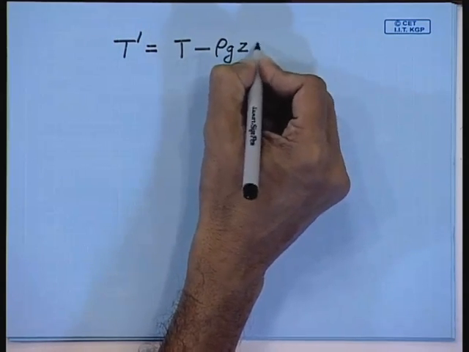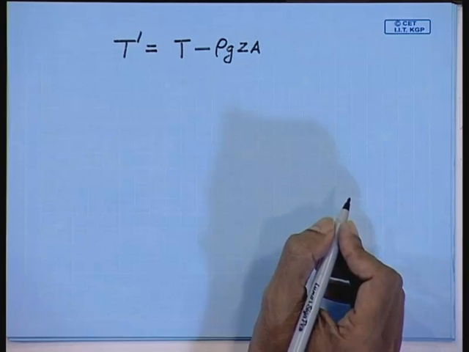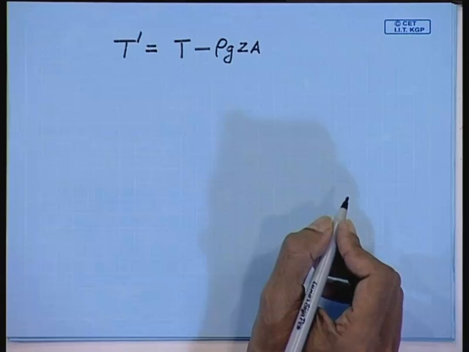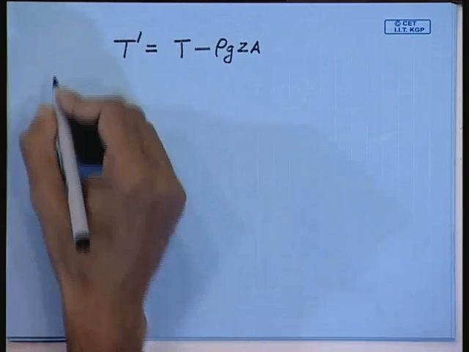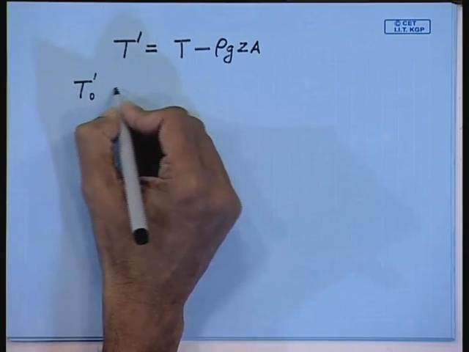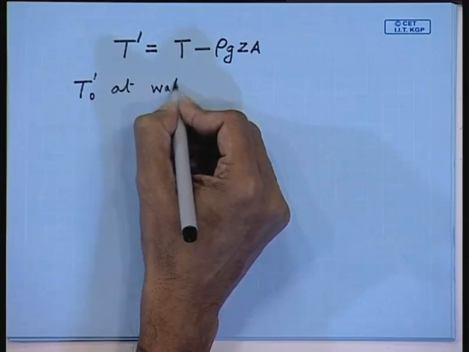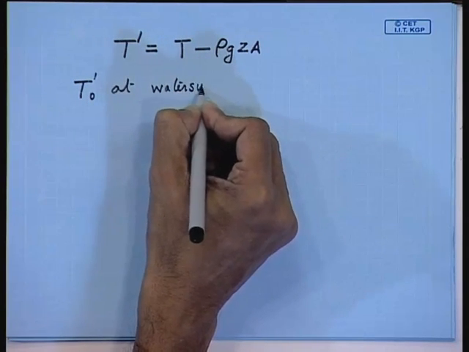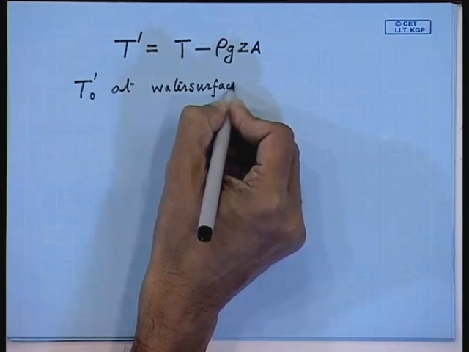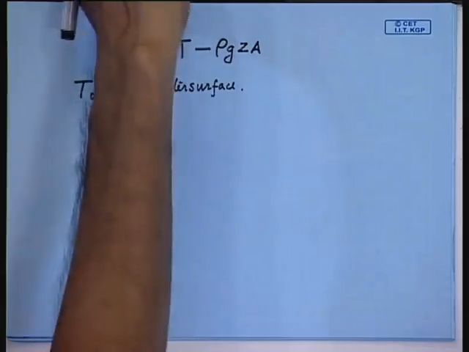So rho G Z A. A is your cross section area of chain cable. Now here what is the expression for T prime naught? You tell me this T prime naught at water plane.